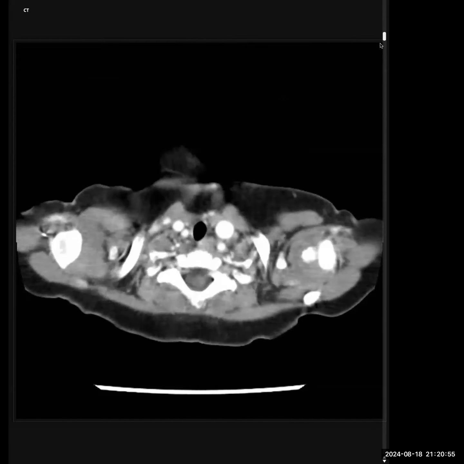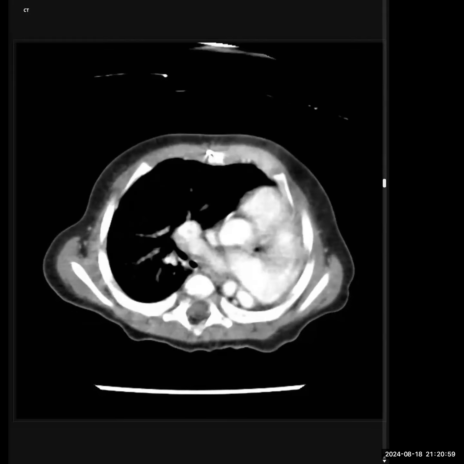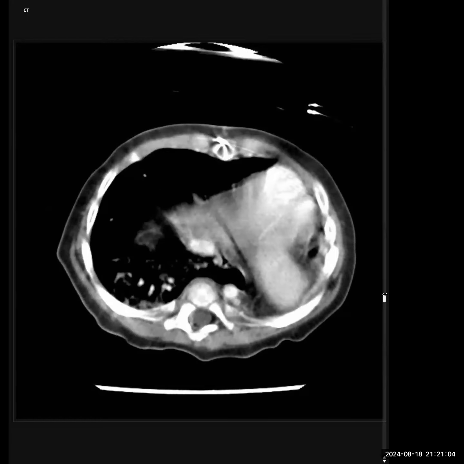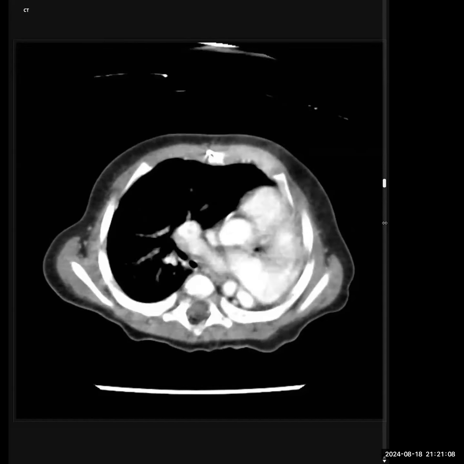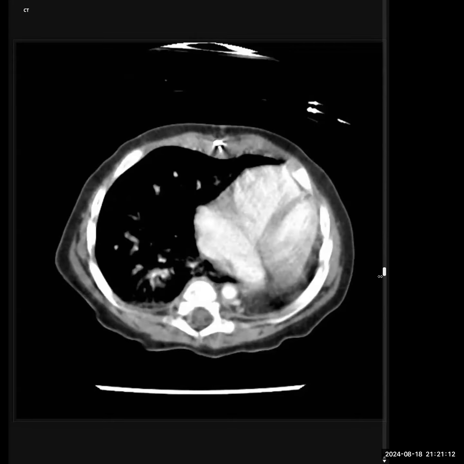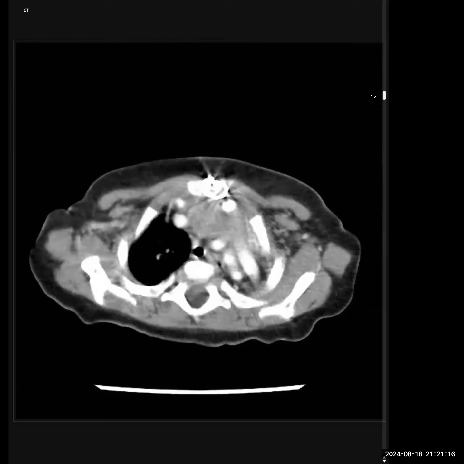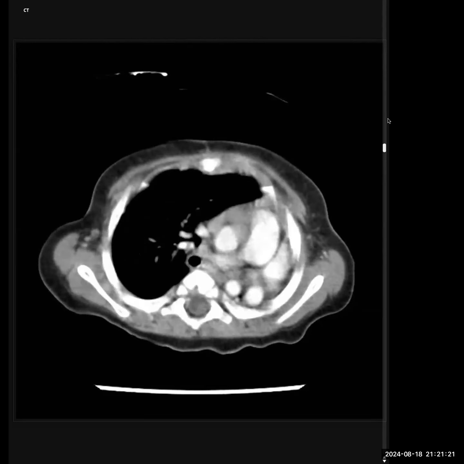I'm trying to scroll down from top to bottom. On the first one, I can see that there is shift of the mediastinum towards the left side, and the heart appears quite large in this patient. Other than that, I can't see the left lung well. I think this is a left pulmonary aplasia.